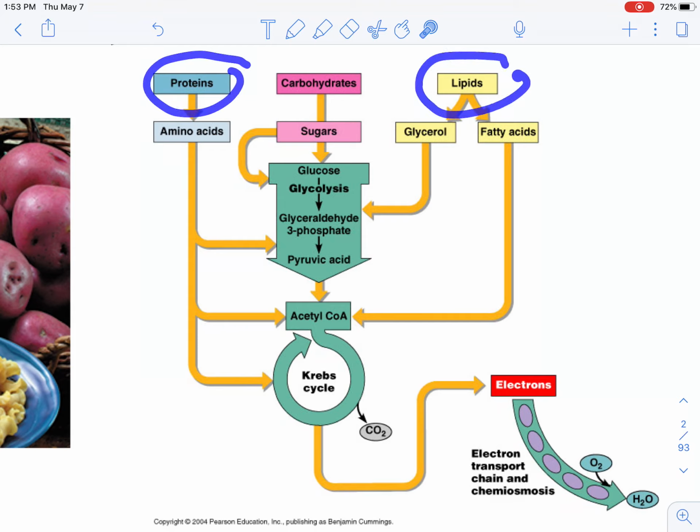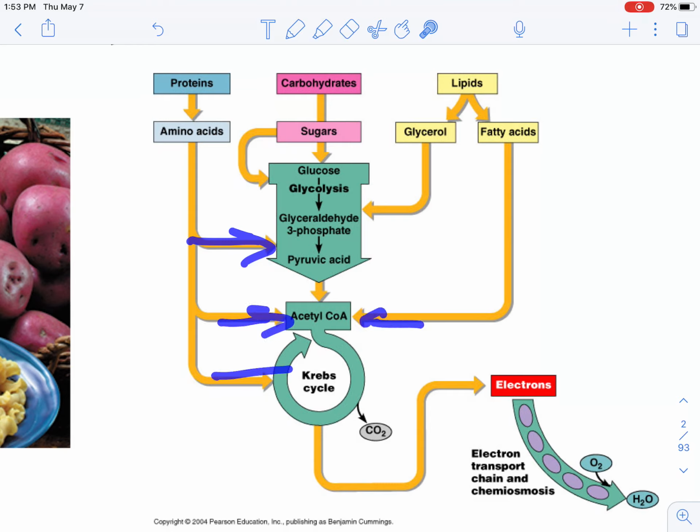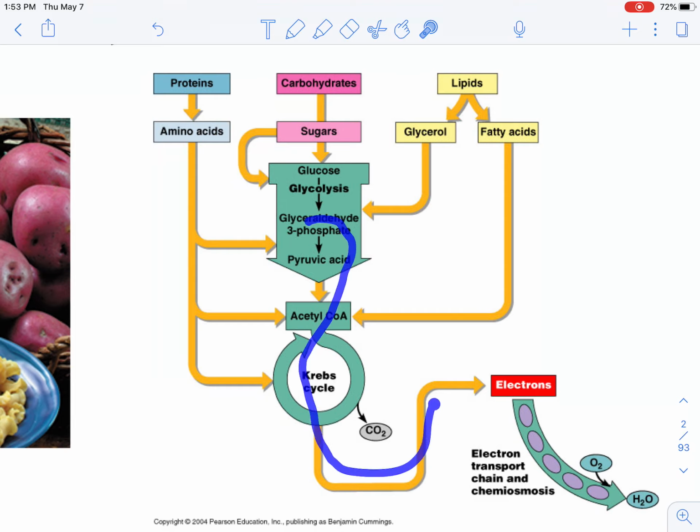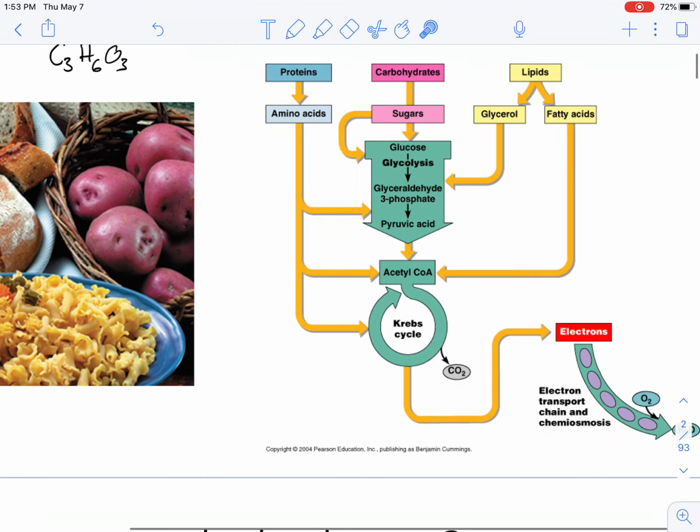Proteins and lipids can also be oxidized, and they can come in at different points of the pathway to once again feed into this main cycle to produce biological energy, which is in the form of ATP.